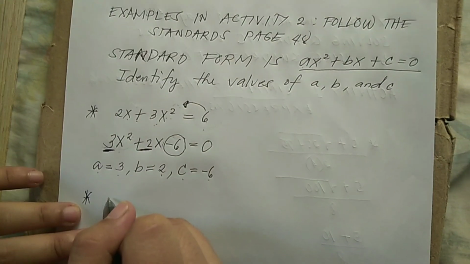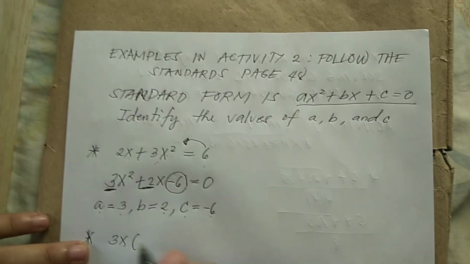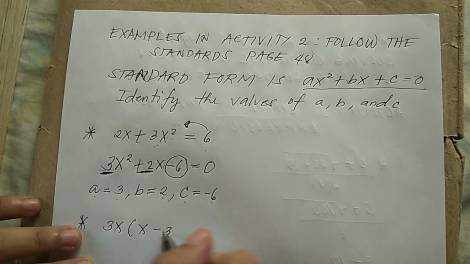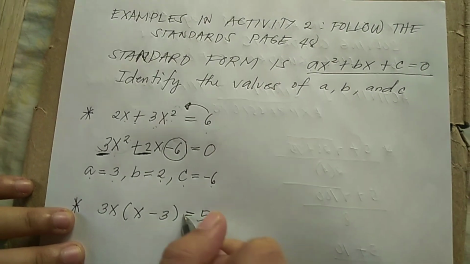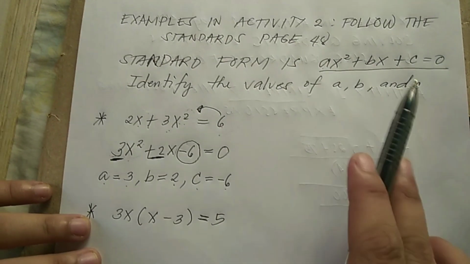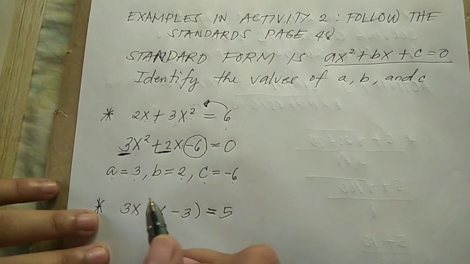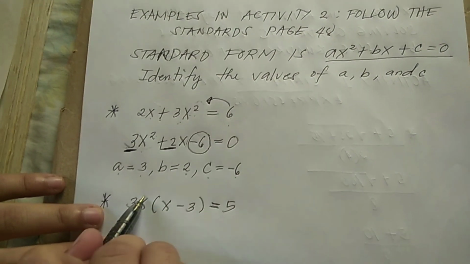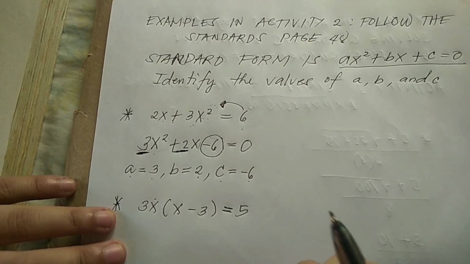Okay, next example. When the expression is written as 3x, quantity x minus 3, is equal to 5, we are going to rewrite it into standard form. What we do is use the distributive property of multiplication.